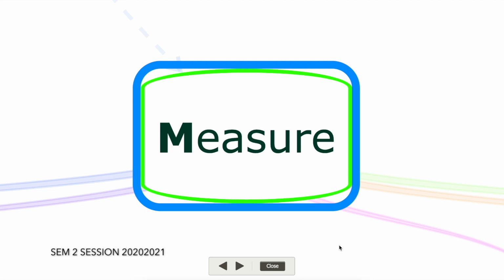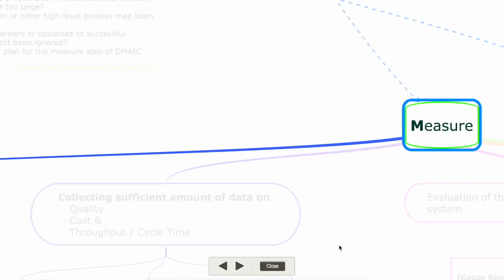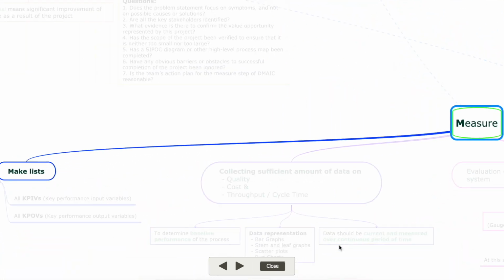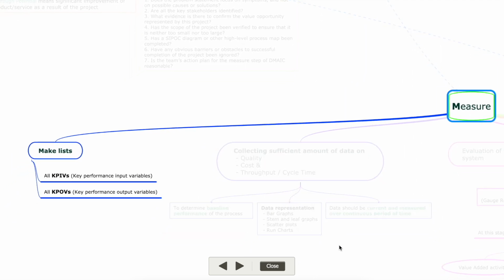So in this step, we have to identify what measurements we need to make, and what quantities we have to measure. We have to make lists of all the possible values that we need to measure, which can fall into two categories. One is KPIV and the other one is KPOV.